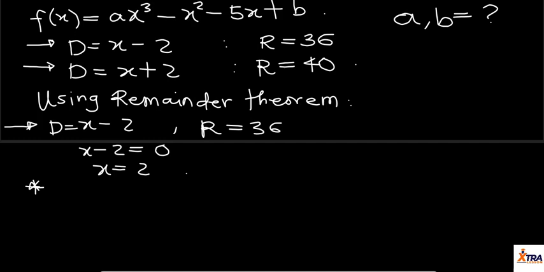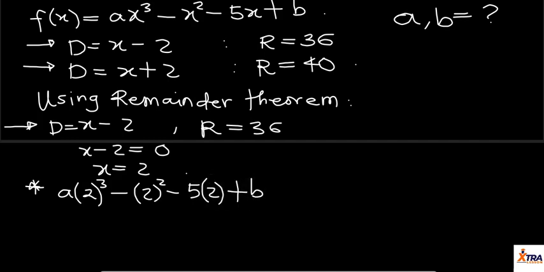I have a times x cubed, where x is 2, minus 2 squared, minus 5 times 2, plus b. And then we know this is equal to the remainder. I can call this divisor 1, remainder 1, and the other one divisor 2, remainder 2.